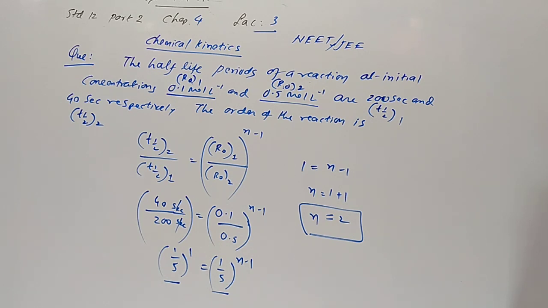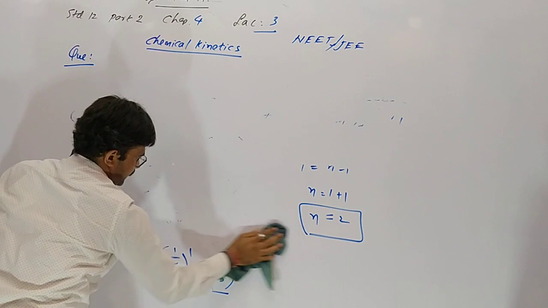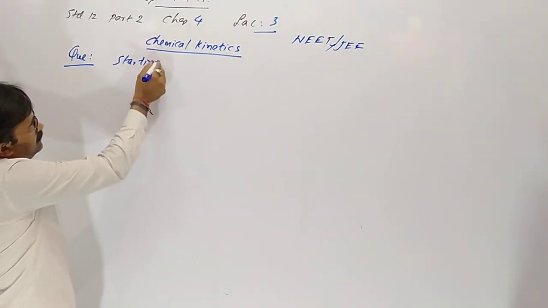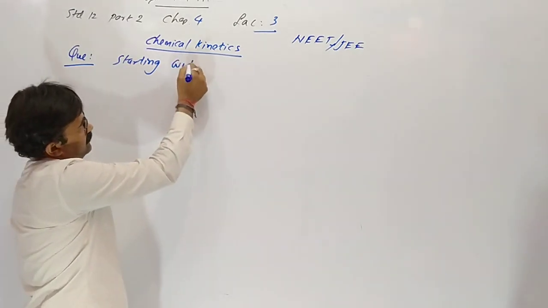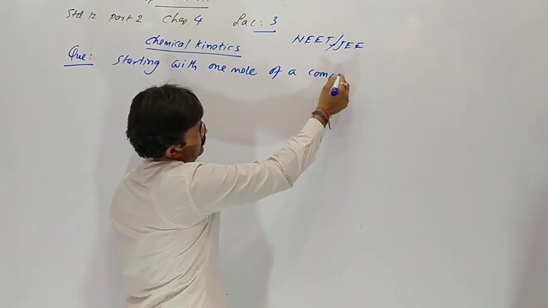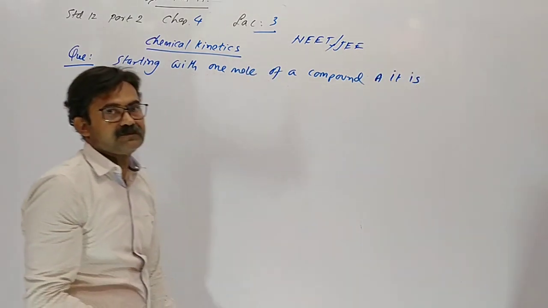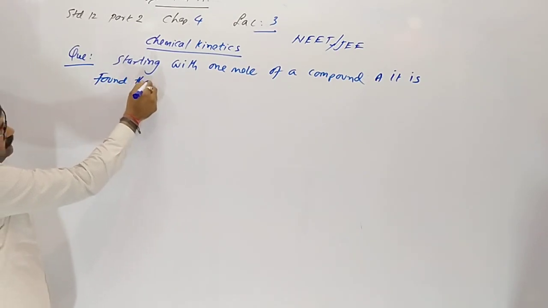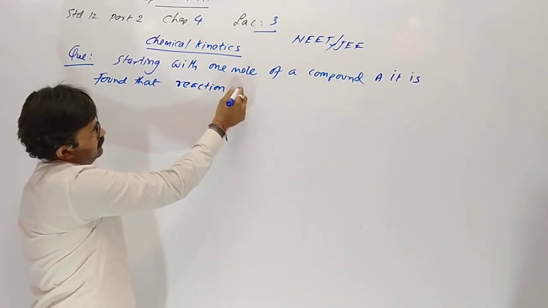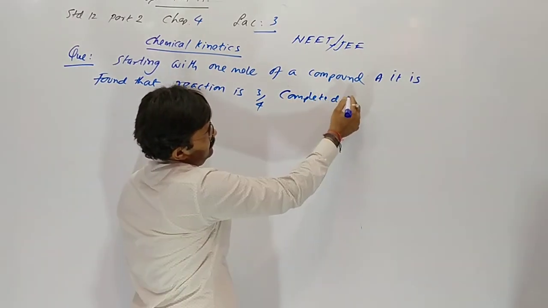Question new. Starting with 1 mole of a compound A, it is found that the reaction is 3/4 completed in 1 hour.